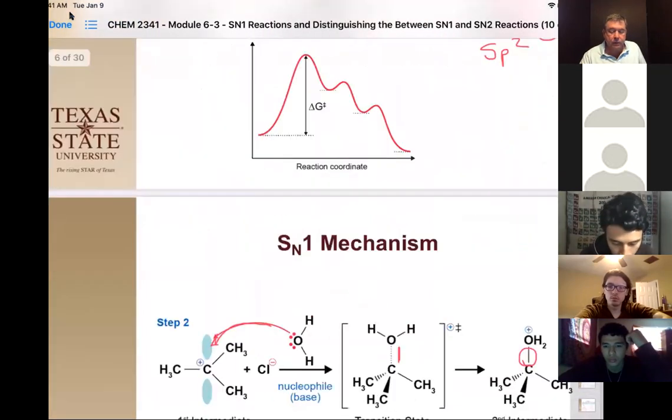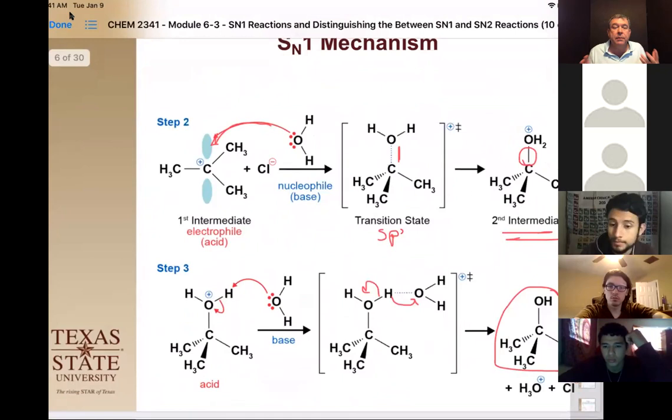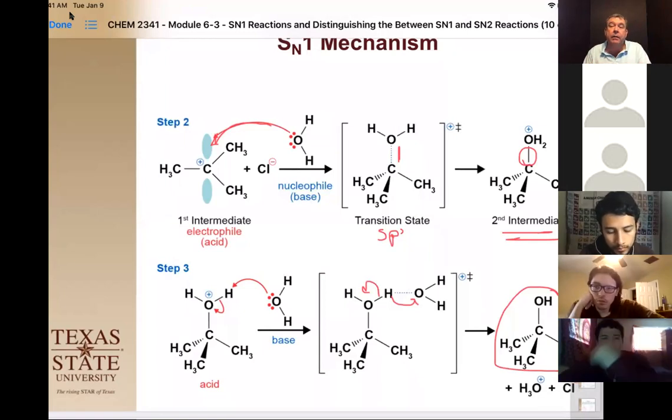So the general mechanism: in the first step, we formed our carbocation. In the next step, we can use a very poor nucleophile to attack our carbocation because the carbocation is already charged. So we can use poor, uncharged nucleophiles to do the next step. In this case, we're using water, which forms our second intermediate, the protonated alcohol.